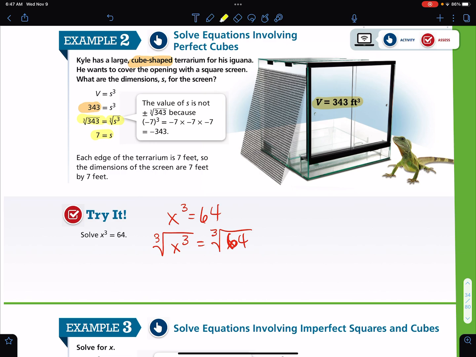Please make sure that you remember to specify that it's the third root. If you leave that out, then it is the second root, or the square root. So x will equal 4. And it could be positive or negative 4. If you forgot that step, make sure that you put the positive or negative in there.